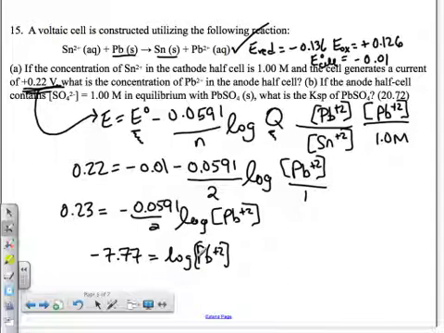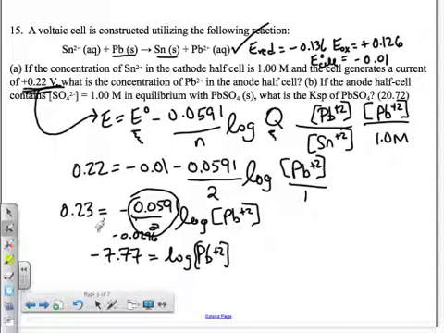So let me just do a little quick calculation. I've left out a step here to go from here to here. This term right here comes out to negative 0.0296.